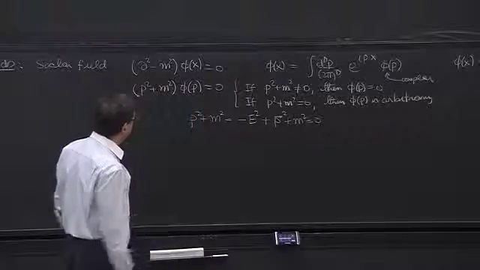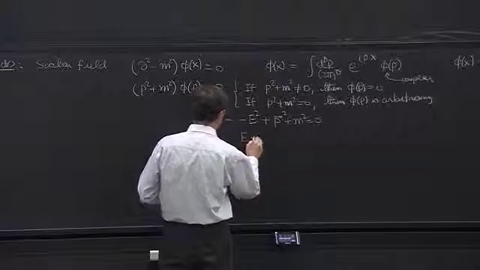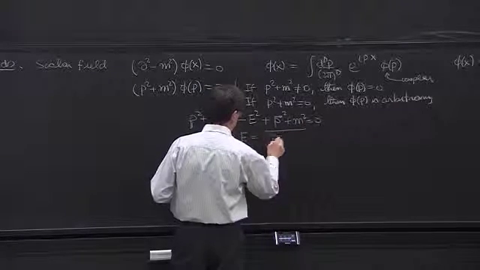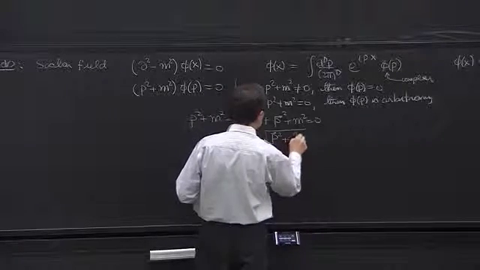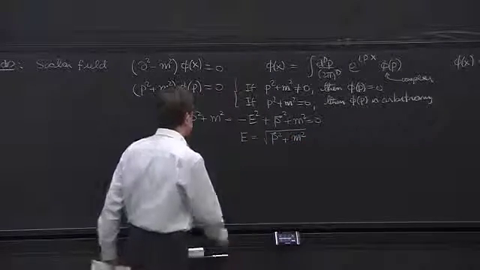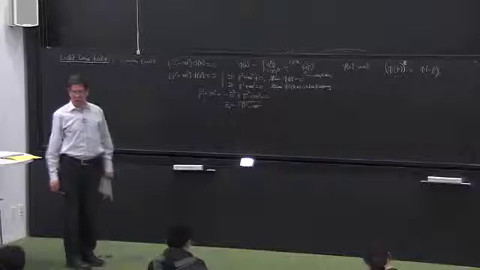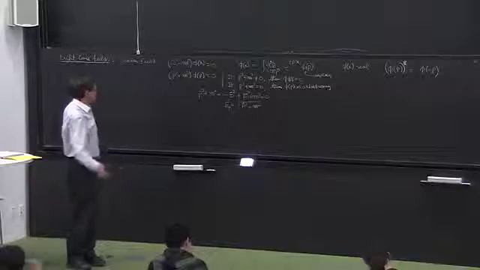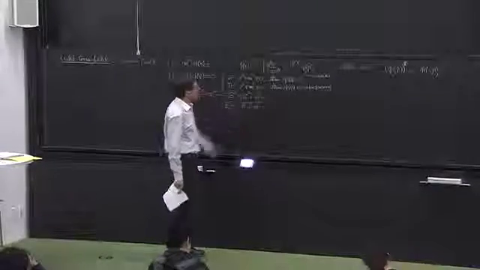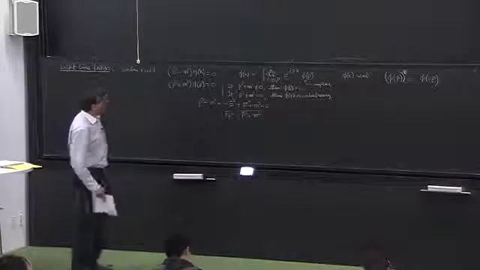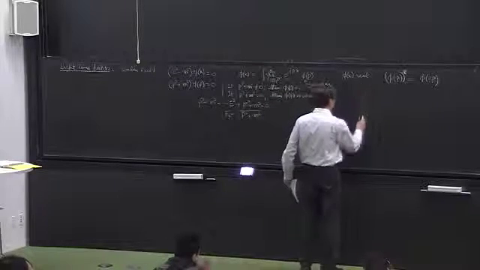When this holds, the energy is the square root of p² plus m², and that's what we'll call the energy E_p, the energy of the particle. Nevertheless, the scalar field mathematically is described by this whole thing.